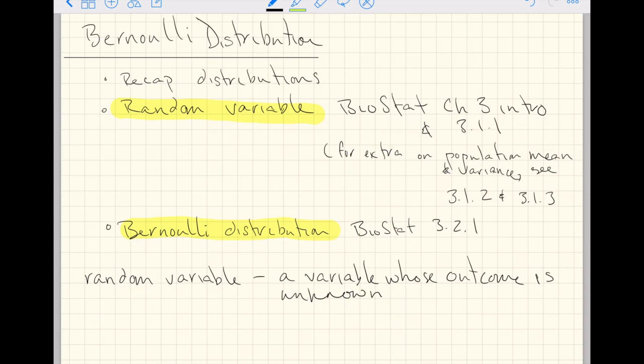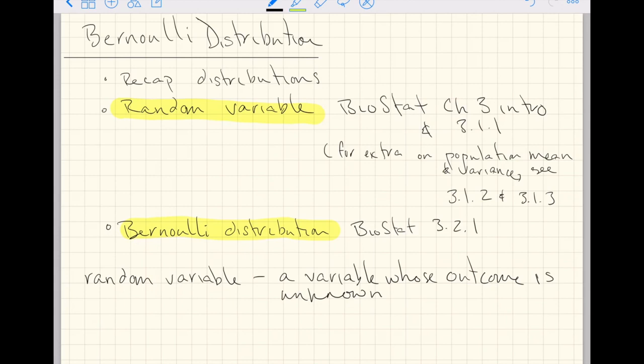So a random variable is really just a variable whose outcome is not yet known. And this could be anything like a coin or even a human being. You yourself are a random variable to me in terms of your height. Not only because I literally don't see you standing in front of me, but also because I don't have a tape measure out and I haven't actually observed your height with an appropriate tool.